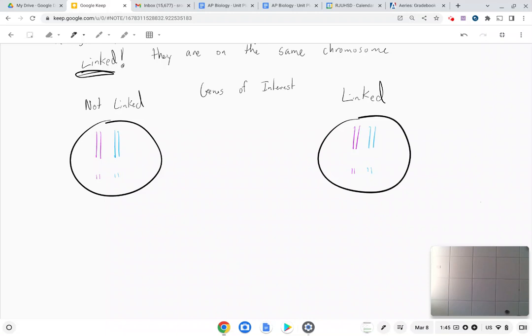And those genes of interest are Q and R. So we're interested in gene Q and gene R. And if in fact these two genes, gene Q and gene R, are not linked, they will be located on separate chromosomes. So that would look like this.